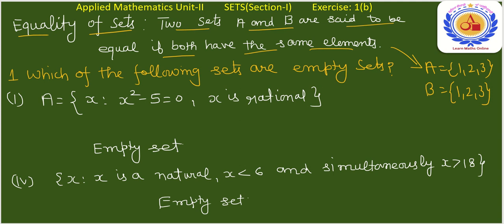Now we will discuss about the first question. Which of the following sets are empty sets? Here we are given a set containing x when x square minus 5 is equal to 0 and x is a rational number. Which values of x do we have? We have the condition that x square minus 5 is equal to 0 and x should also be rational. If we solve the equation, x is equal to plus minus under root 5. But here x is under root 5, minus and plus, but we know that under root 5 is an irrational number.